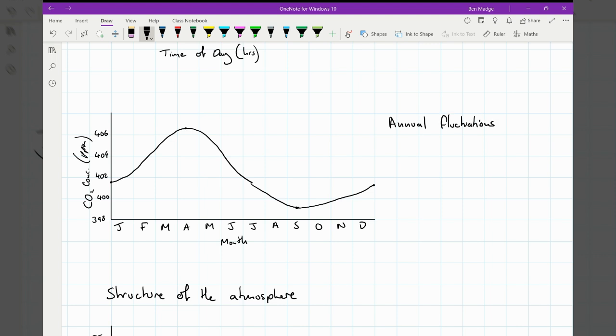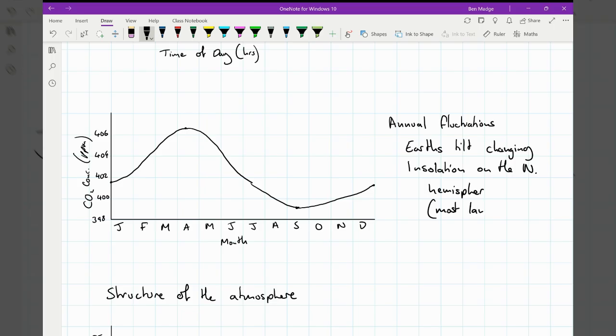And this is due to the Earth's tilt changing insolation on the northern hemisphere. This is because the northern hemisphere has the most land mass, so seasonal changes there have a bigger impact.